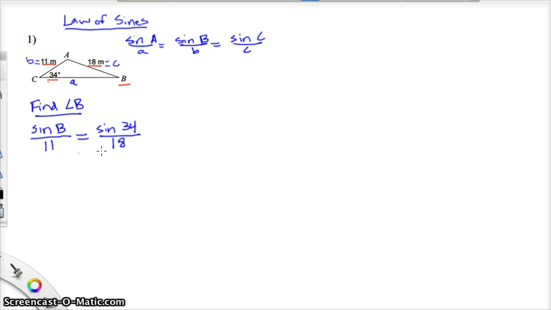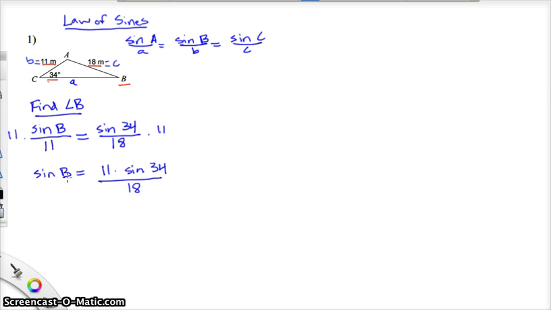When we've set this up, we can check our work just by making sure we have the angles on top, the sides on bottom, information about B on the left, and information about the pair of side C and angle C on the right. I'm then going to solve this for the sine of B. I'm going to multiply both sides by 11. So I'll know that the sine of B equals 11 times the sine of 34 all over 18.